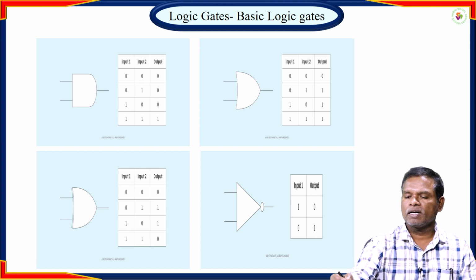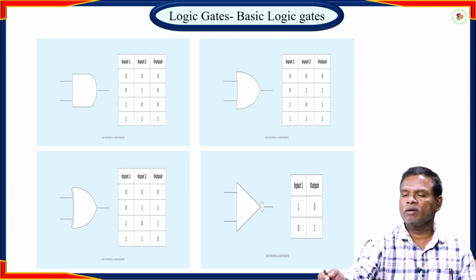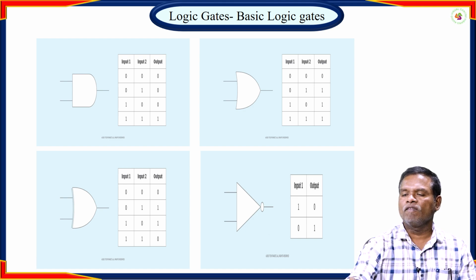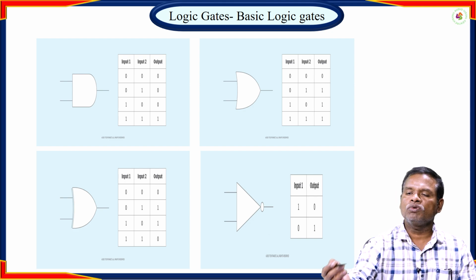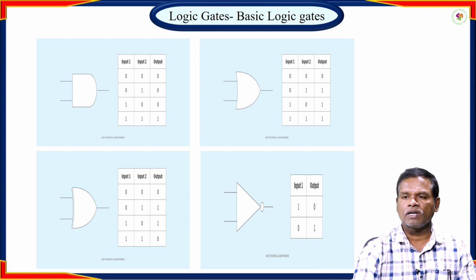And coming to the OR gate, this is the symbol of the OR gate, and again the truth table of the OR gate, with 4 different input combinations. This is slightly different, or we can say quite opposite to the AND gate operation, where output is 1 if at least one input is 1 and output is 0 if all inputs are 0.